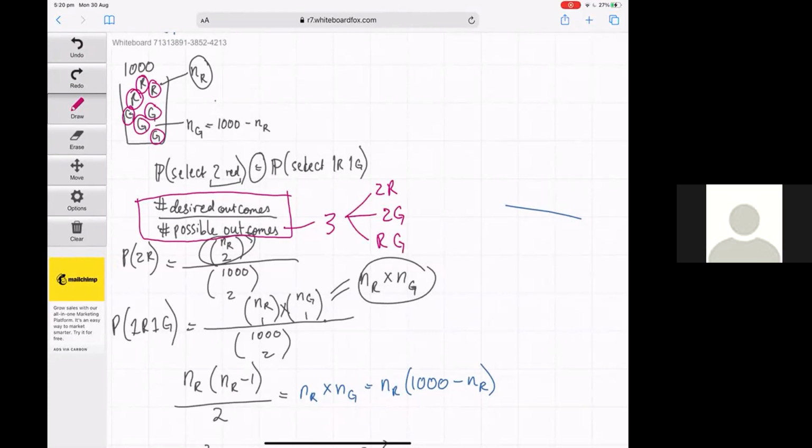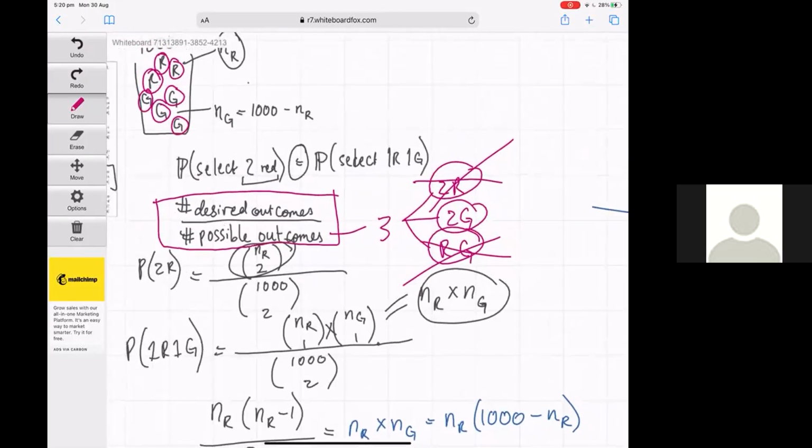But it's not as simple as that, because of course the number of greens in there and the number of reds in there should influence which of these is more likely. So if there's heaps of green and compared to the amount of green, the red is negligible, then you'd expect to very rarely ever get these 2 situations. So basically it's important to distinguish between the identical marbles in this situation and consider them as different to each other, so that the number of different outcomes we can get is actually 1000 choose 2.